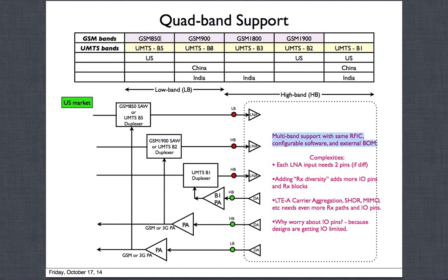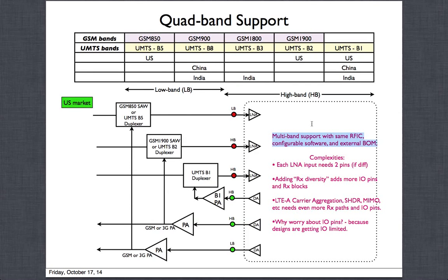First, take GSM 850. As I'm showing, this is the transceiver, which might have three inputs. I'm calling one a low band input going to a low band LNA, and after the LNA I'm not showing the mixer, the filter, or the ADCs.